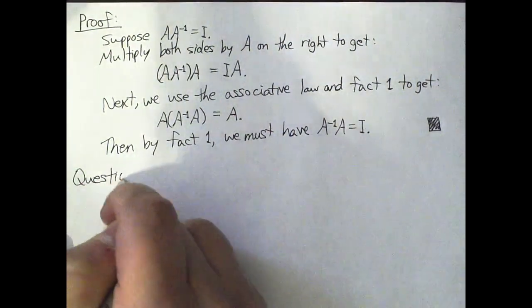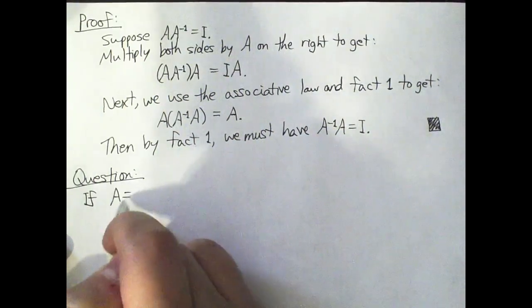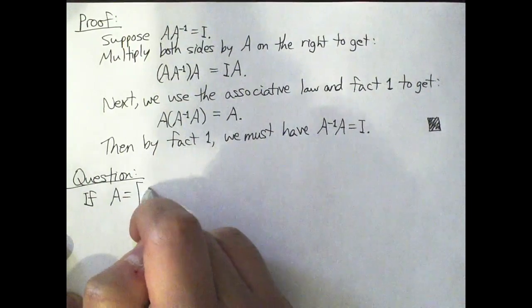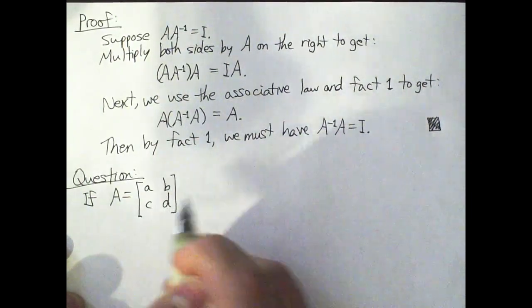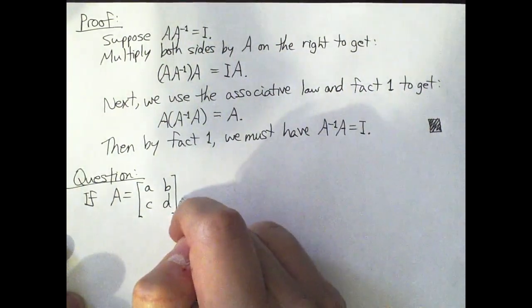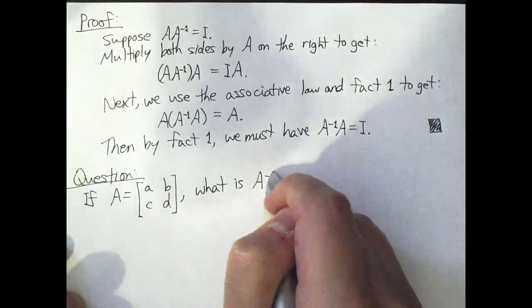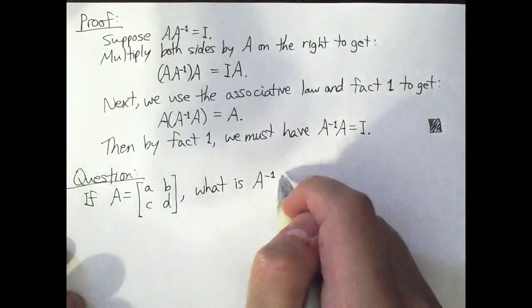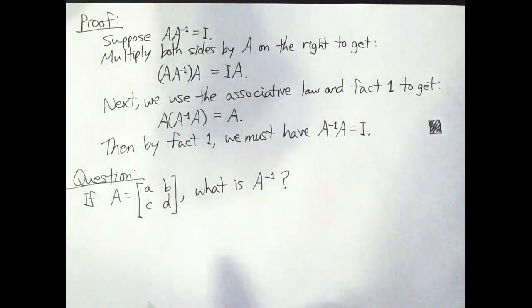So this is going to be our big question: if we're given a 2 by 2 matrix, and because it's 2 by 2, I'm just going to label the entries as A, B, C, D. You could label them A11, A12, etc., but let's just call them A, B, C, D. What is A inverse? For now, we're going to focus on this 2 by 2 case, and we'll see whether or not the inverse exists as we go through this process.